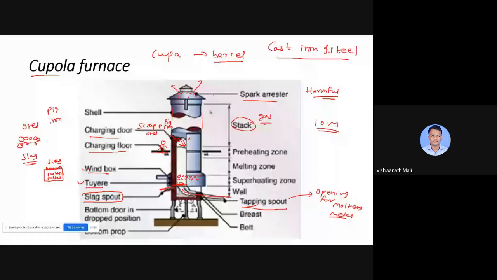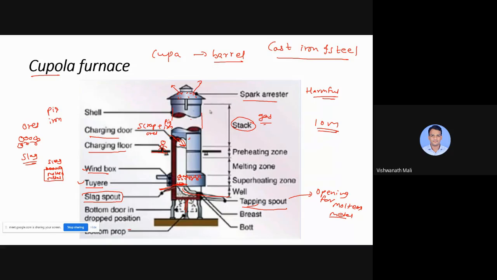Okay? And here you can see the bottom door, and this is the bottom prop. So this is used when we want to close this cupola furnace, right? When this coal is burned, it creates some ash.